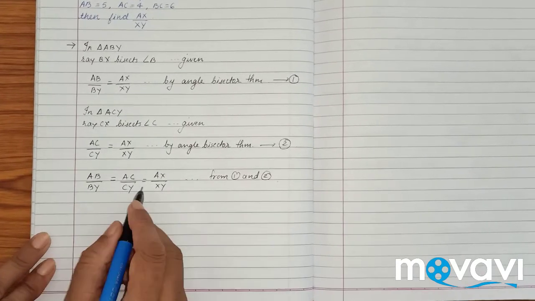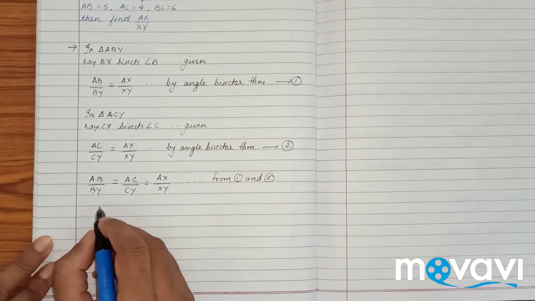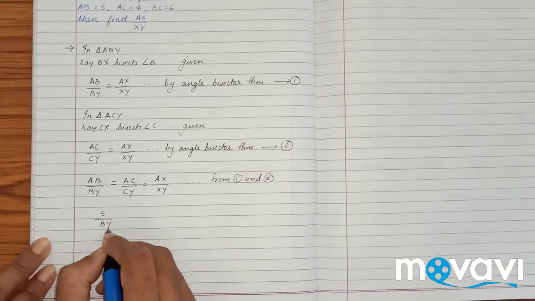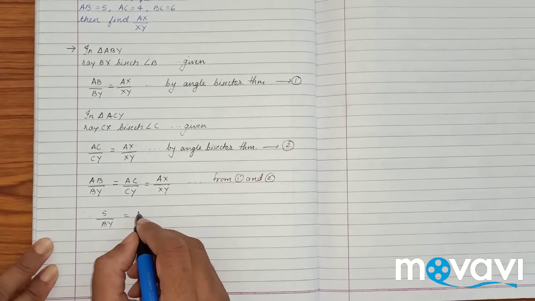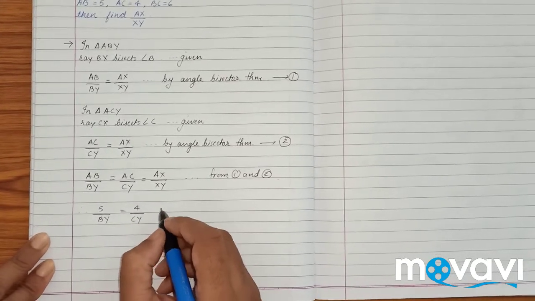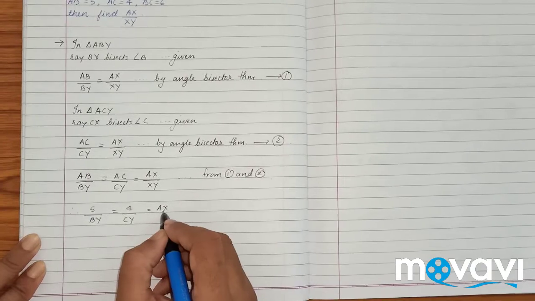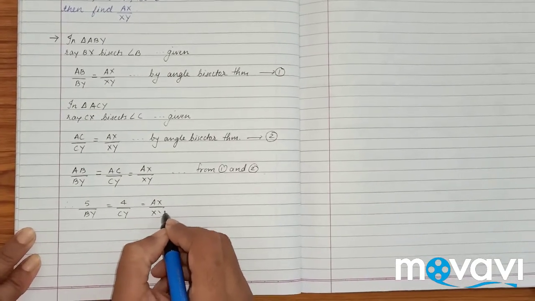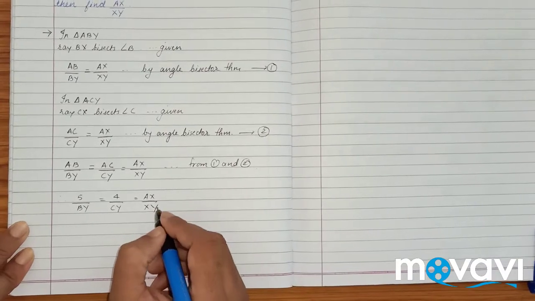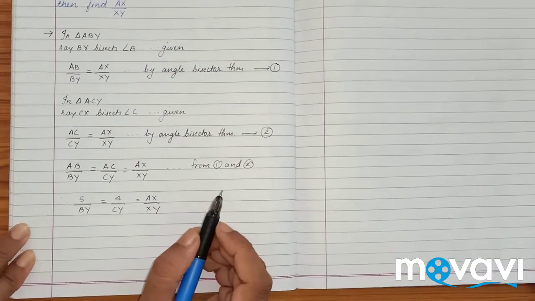Now let us substitute the values. AB is 5 upon BY is equal to AC is 4 upon CY is equal to AX upon XY. Now in 9th standard you have studied the theorem on equal ratios.